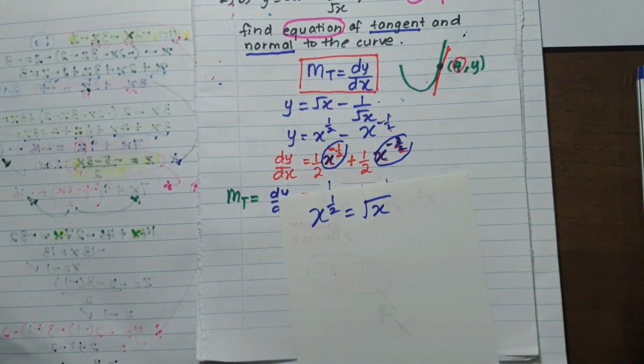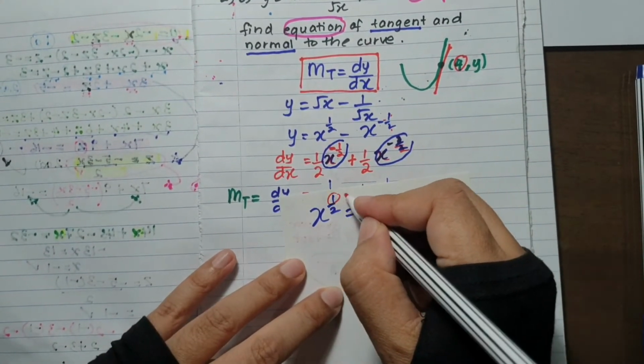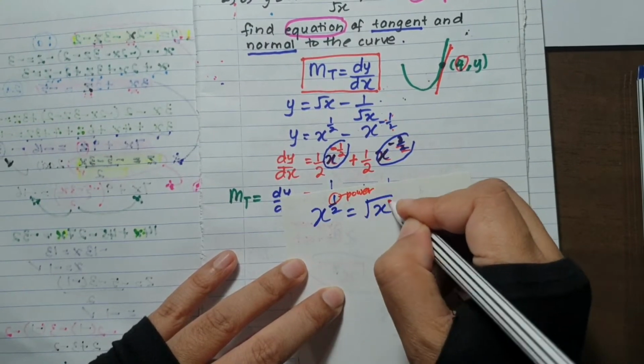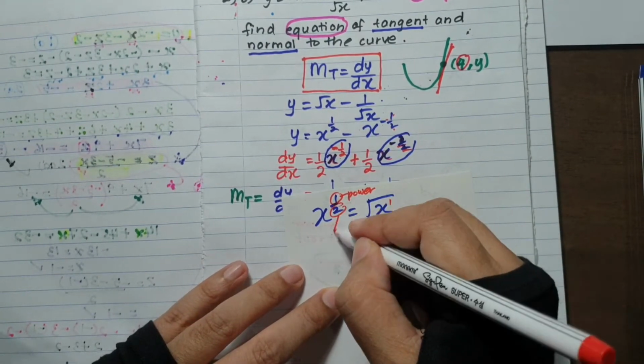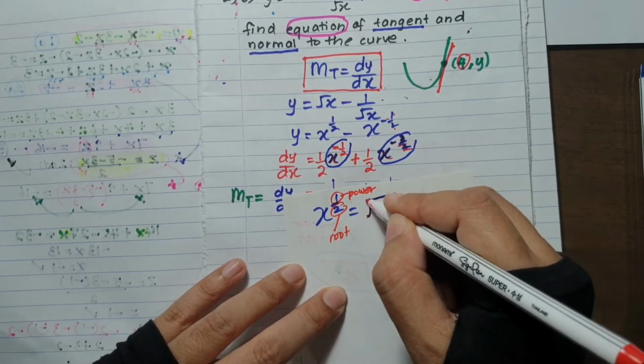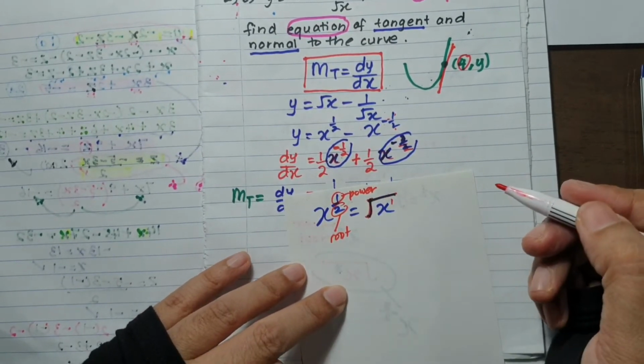This is the power, x power of 1 actually, and this is the root, so this is square root, right?